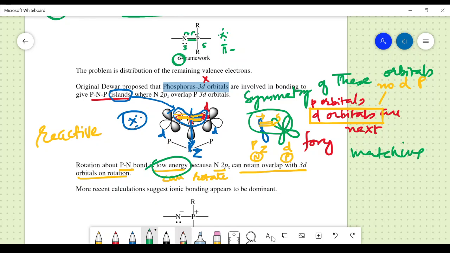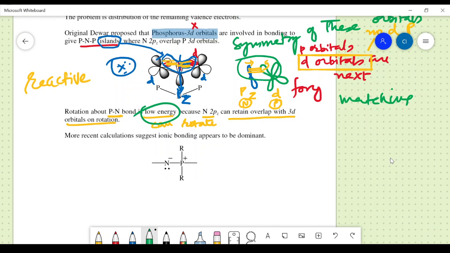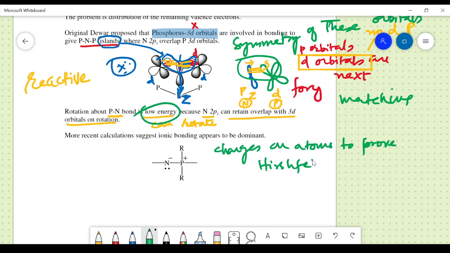So more recent calculations suggest that ionic bonding appears to be the dominant. So there are of course several types of charges to prove this, charges on atoms, but it is said that there are two types of charges. One is called the Hirschfeld charges, and the other one is the natural bond orbital charges.